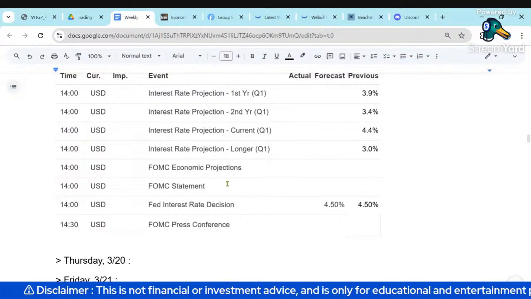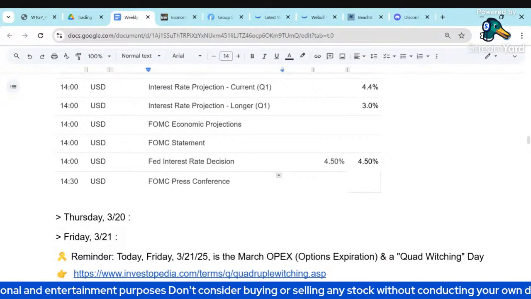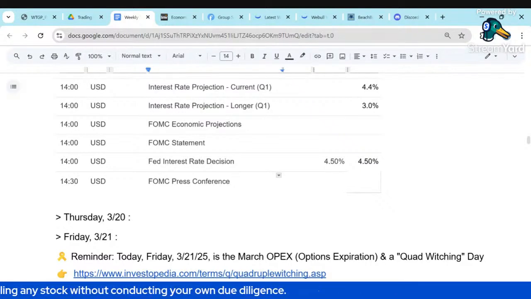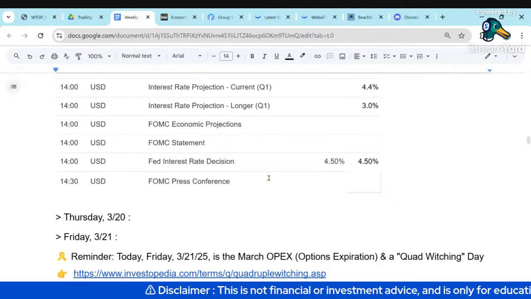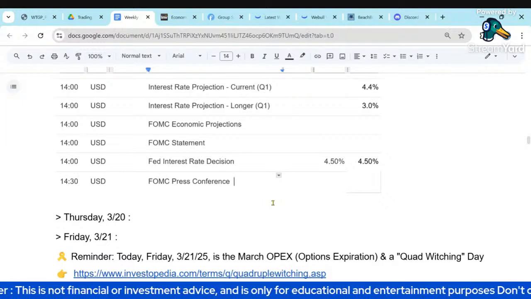Also, again, in my humble opinion, we don't expect any changes in the Fed rates. So what's going to be important is what Powell says during his press conference at 2:30. Again, in my humble opinion, I think he's going to cite the uncertainty around the tariffs, the administration's policy with immigration, tariffs, etc. And they're going to defer to get more data as to how those tariffs are actually going to impact inflation, impact unemployment.